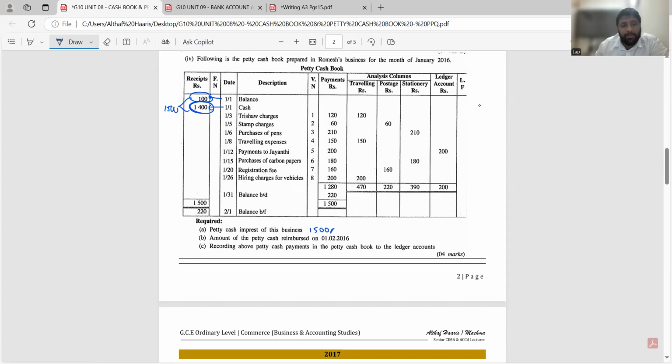Second one, the amount of petty cash reimbursed on 1st February. How much will be reimbursed to the petty cashier from the main cashier? How much is the petty cashier getting on 1st February? So let me show it in the same format again.